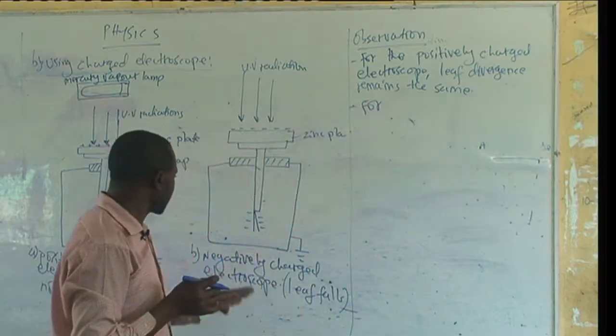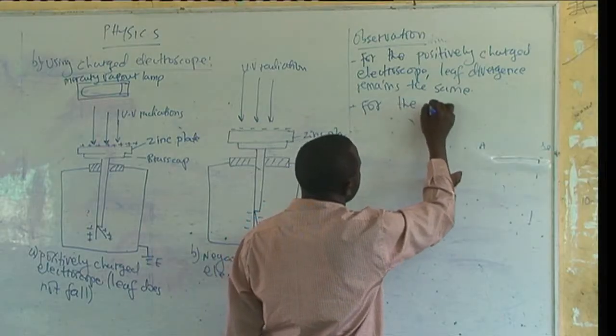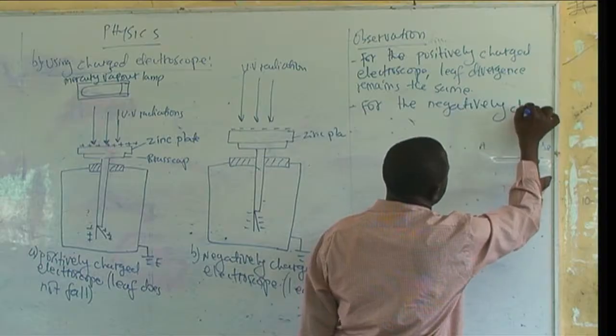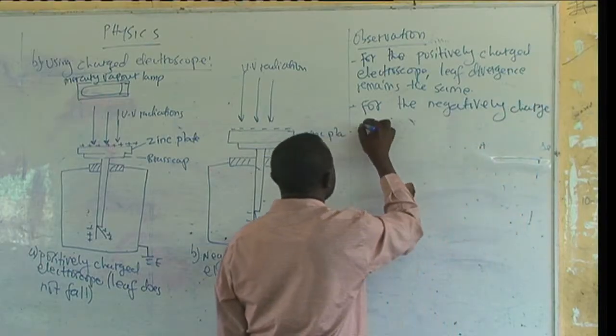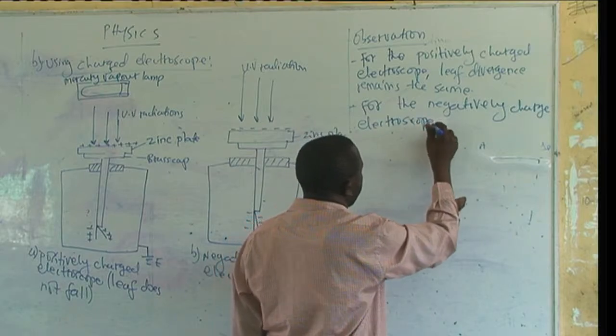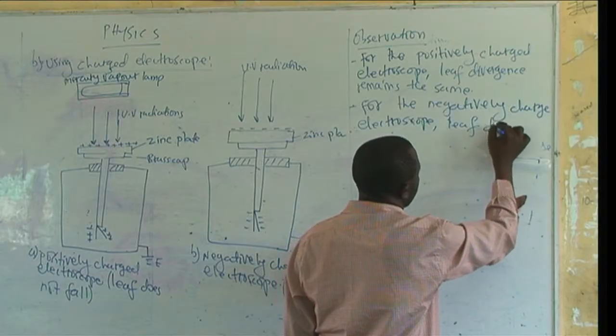Also, for the negatively charged electroscope, leaf divergence decreases.